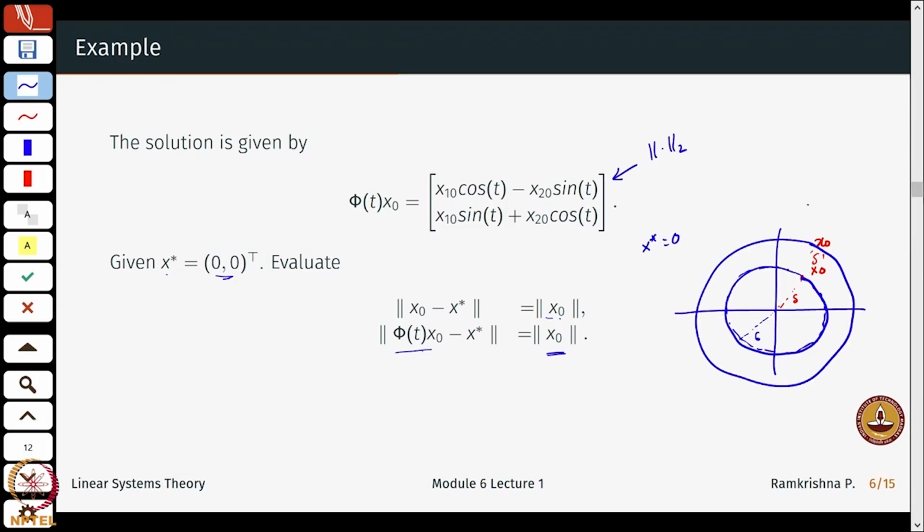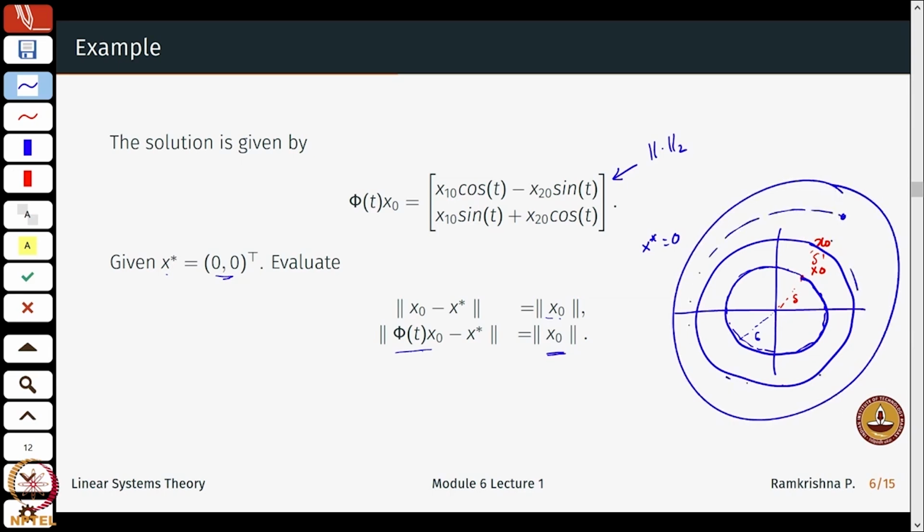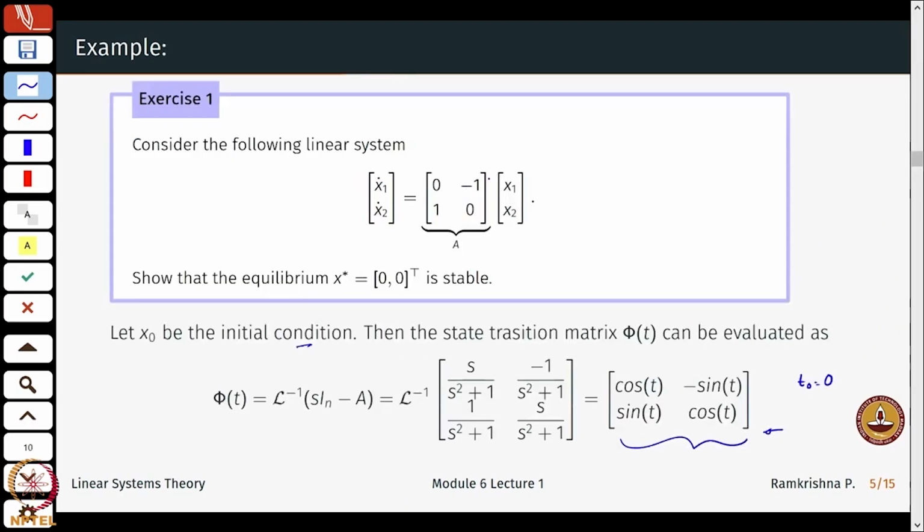So I can just take a larger ball like this, start from an initial condition here, and the solutions will just be inside this. Okay, so it is a very nice and trivial example, but it gives us a nice understanding of stability. It's easy to check that this system will have complex eigenvalues and so on.